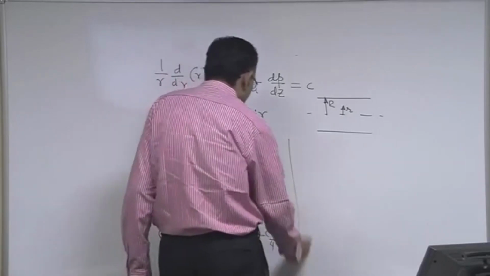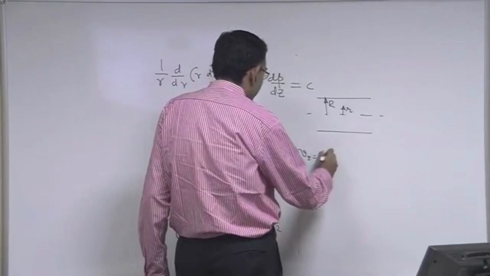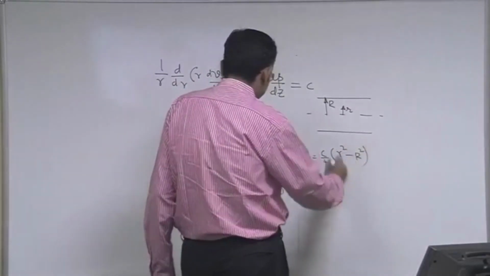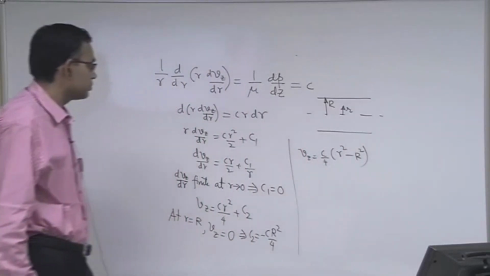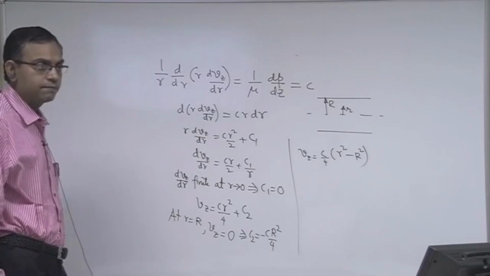So, that means you have Vz is equal to C/4 into (r² minus R²). All right.